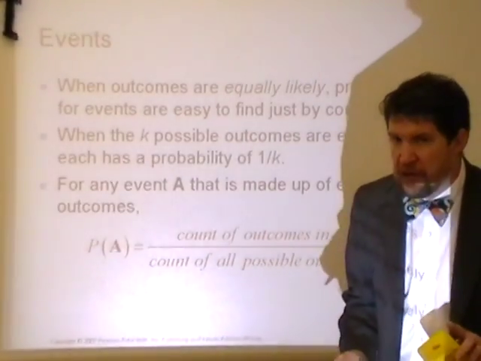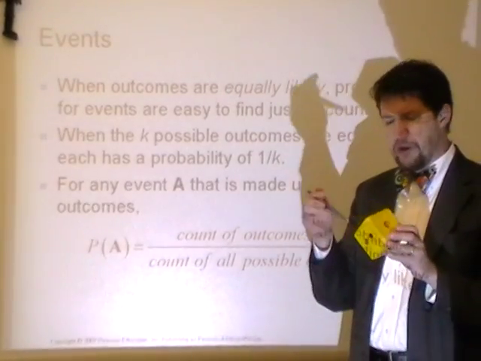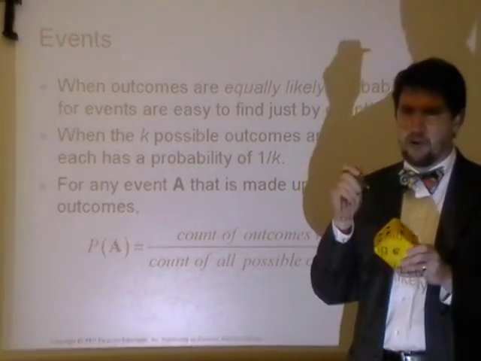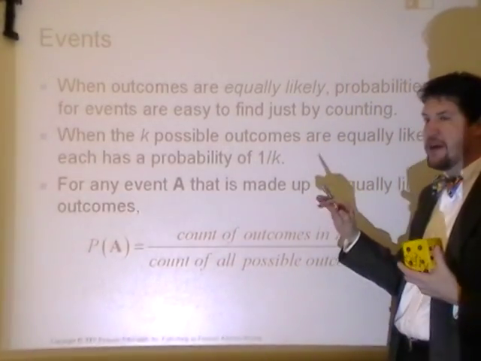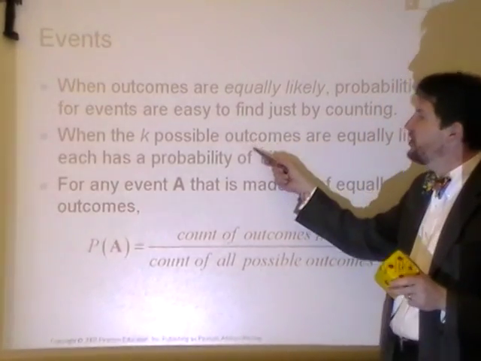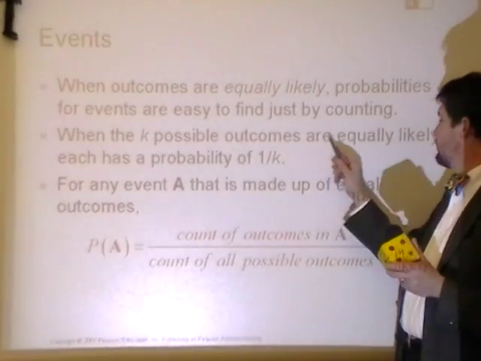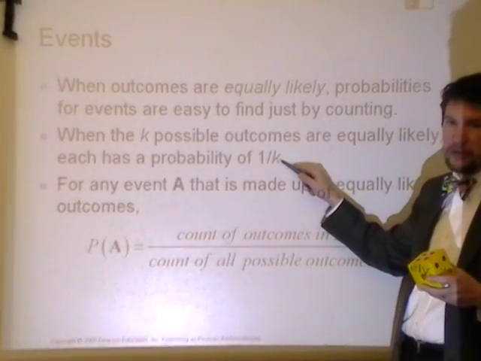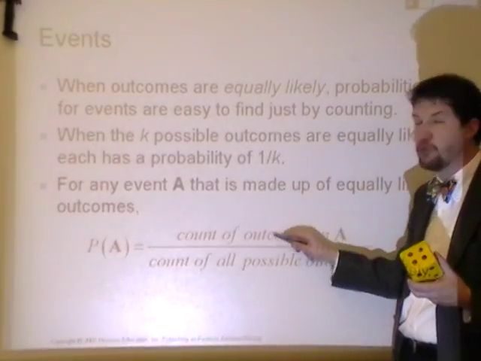If we reduce that, however, because we have equally likely events, we have 3 3s, 3 4s on that special die that we have, then if I reduce that, then the probability of getting a 3 would be 1 over 2, which is what this statement right here is saying, is that if they're equally likely, because there are 2 possible outcomes, and the probability of getting a 3 would be 1 out of 2, which would be 1/2.